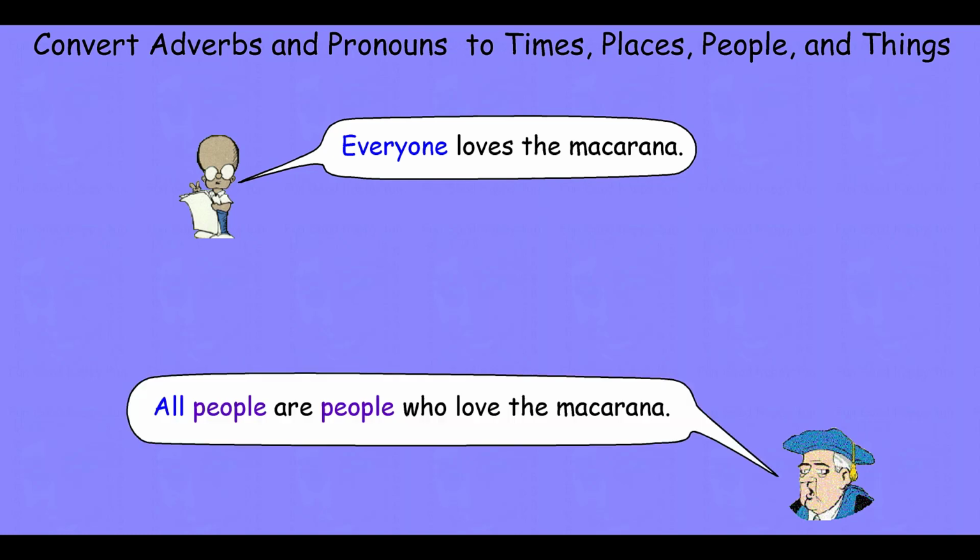And so I'll change those into explicit combinations of quantifiers and times, places, people, and or things. So all people, quantifier, subject term, picks out a class of things, are, fold that non-standard verb into the predicate class, people who love the Macarena, introducing that noun phrase again so that I have a predicate term that picks out a class of things.